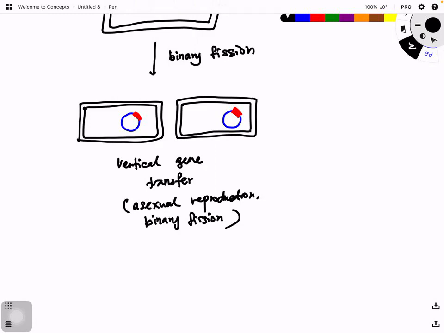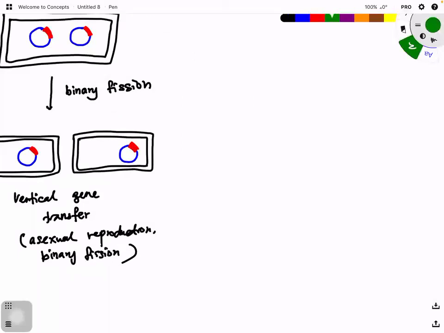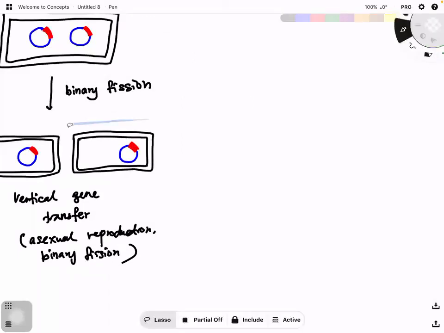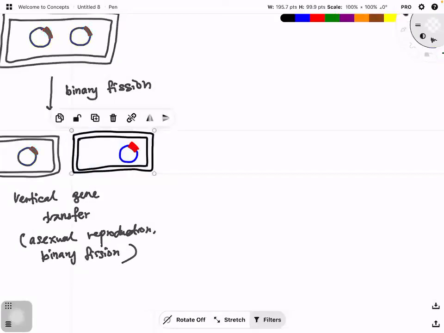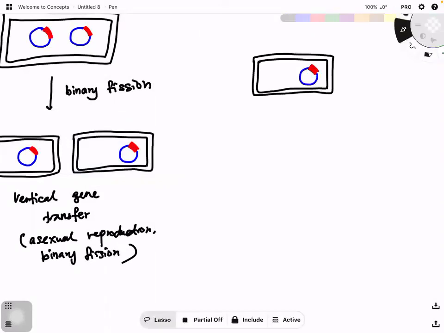Understand so far? Okay, so that is vertical. Now, what does horizontal gene transfer mean? With horizontal gene transfer, this antibiotic resistant gene can transfer between two different species. For example, let's say this bacteria is species A, as I said just now.